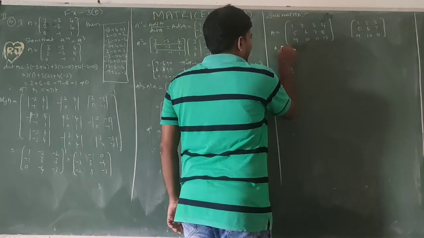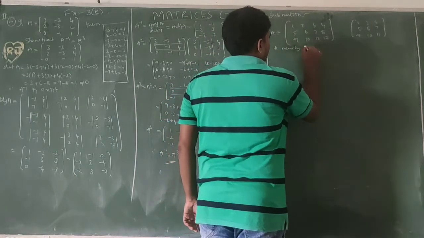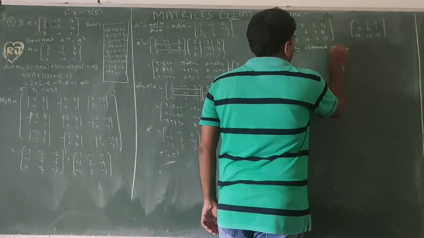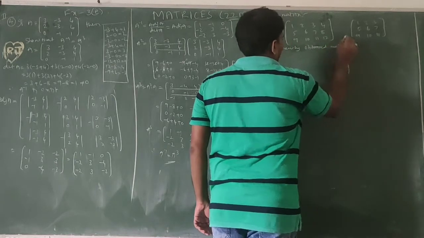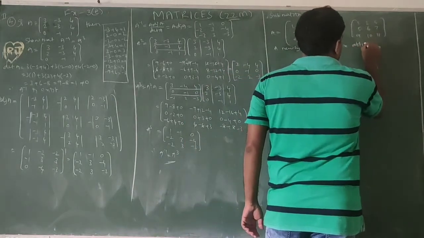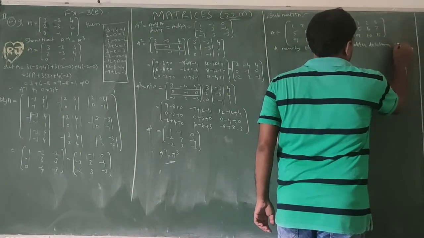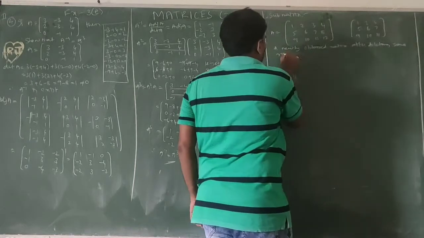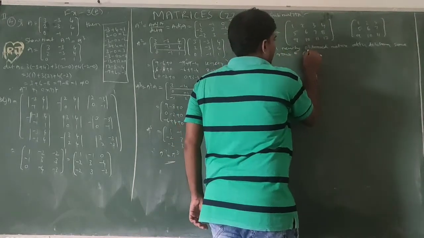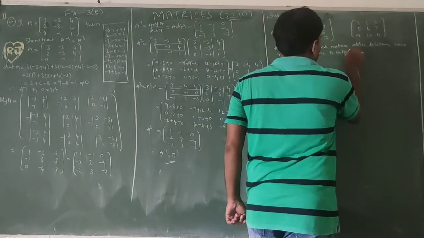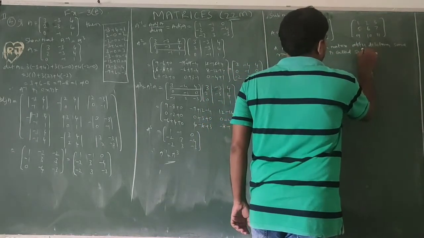So a newly obtained matrix after deleting some rows and columns is called a submatrix.